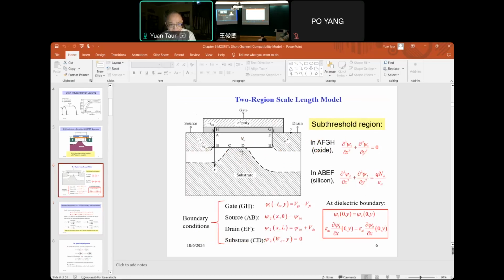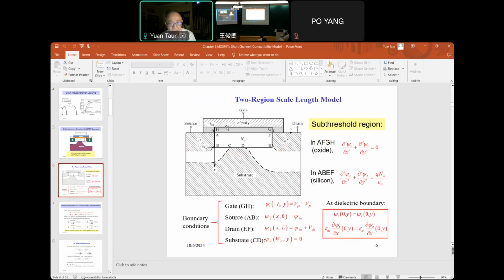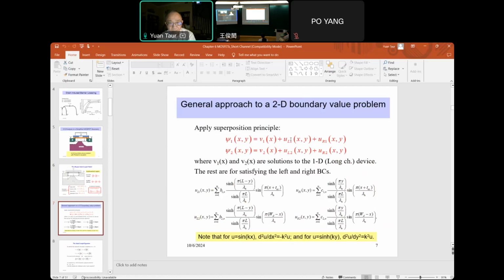The top and the bottom are already satisfied by the long channel solution, which satisfies the gate and the substrate boundary conditions. But of course, the long channel solution will not satisfy the source and drain boundary conditions. So that's why we add two terms: UL1 satisfies the source and UR1 satisfies the drain boundary conditions. So, left and right.